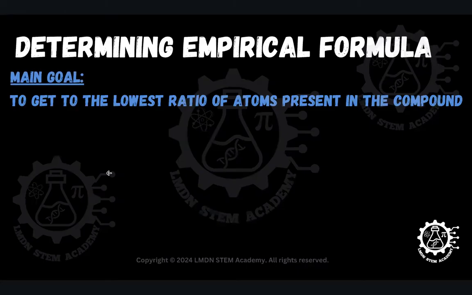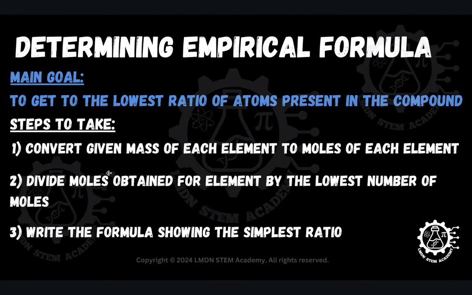So the key thing here, the overarching thing for us to remember, is that the main goal of determining an empirical formula is that we're trying to get to the lowest whole number ratio of the atoms that are present in that compound, right? And so really what we're trying to do is figure out the number of moles of each element that's present.